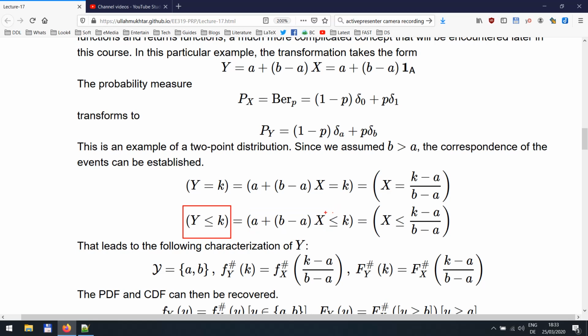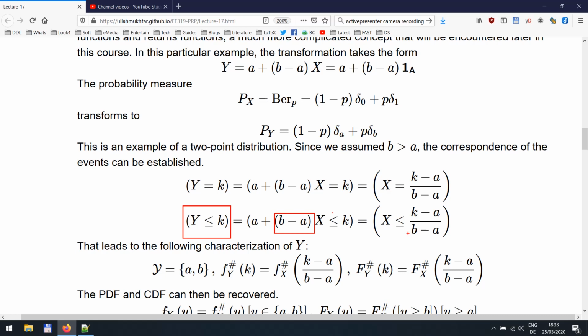So take that a to the other side, you get k minus a, and then you divide by b minus a. Now you will realize why I had to assume in the beginning that b must be greater than a, because then this will be positive. Because if b is not greater than a, this will be negative, and then this inequality has to change. We don't want that complication.